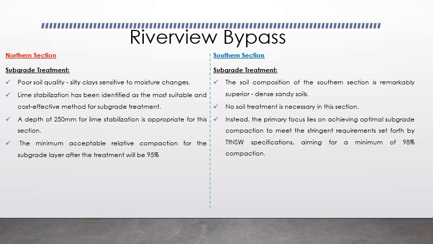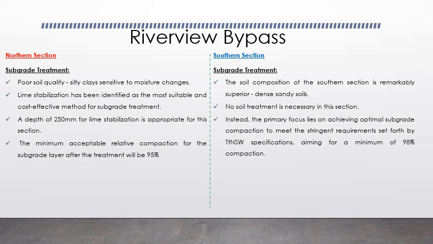Subgrade treatment for the northern and southern sections. In the northern section, we have poor quality soil where we need subgrade treatment, and we'll select lime stabilization as our subgrade treatment there, as this is the most suitable and cost-effective method for the northern section as per the site condition.